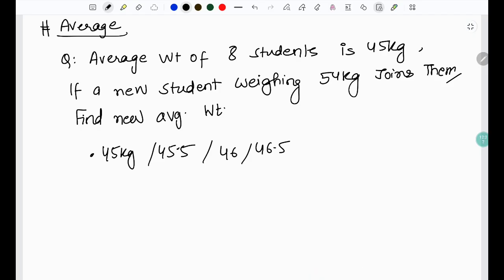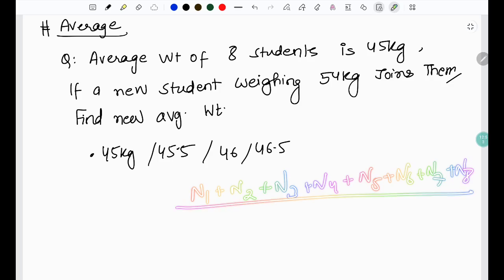Here is another question from the topic of averages. It says, if the average weight of 8 students is 45 kilograms, and a new student weighing 54 kilograms joins them, what will be the new average weight? Of course this question simply means that there were 8 students, N1, N2 up to N8, and when we average their weights, that is, the average of any number is the sum of things divided by the number of them, this came out to be 45.